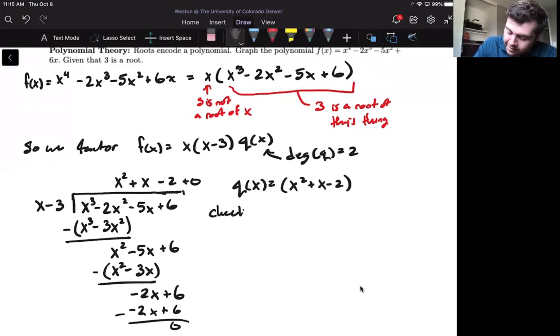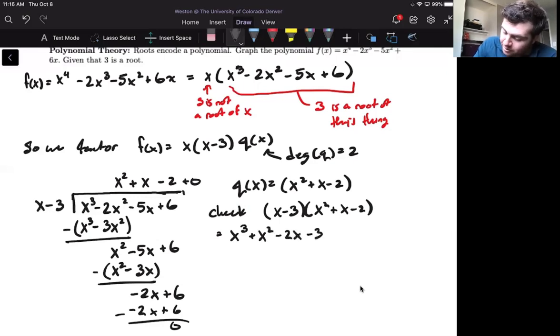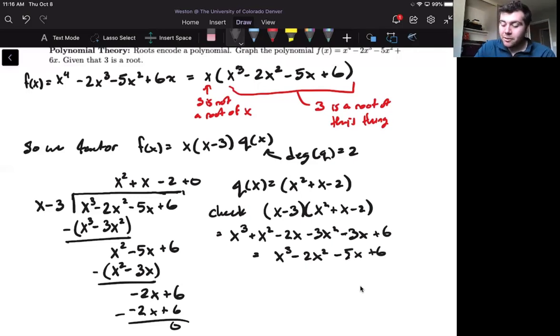And we can also check this. If we do x minus 3 times x squared plus x minus 2, if we FOIL this all out, I'm going to do it kind of quickly. We'll get x cubed plus x squared minus 2x minus 3x squared minus 3x plus 6, which equals x cubed minus 2x squared minus 5x plus 6, which is exactly the polynomial that we were trying to get.